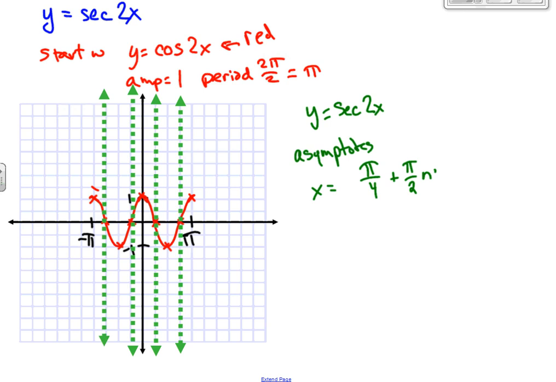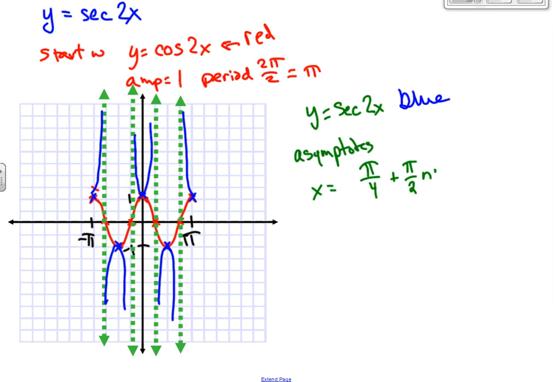And then I'll put this one in blue, and where it's ones and negative ones are my key points, and then I just get these bowl-y shapes in there. Got it? Okay. Now, that's all the trig functions, and I wanted to review those first.